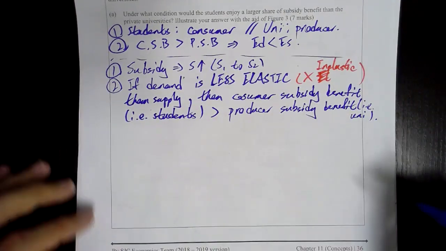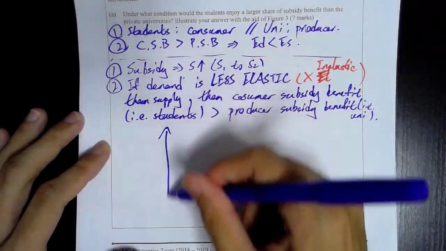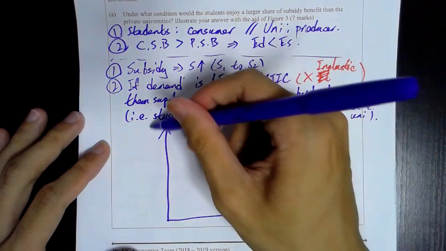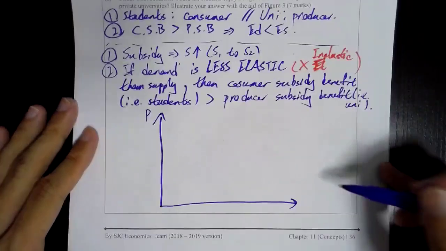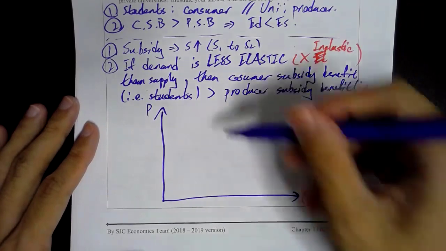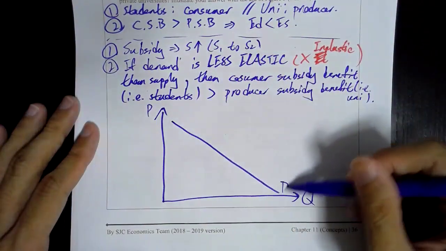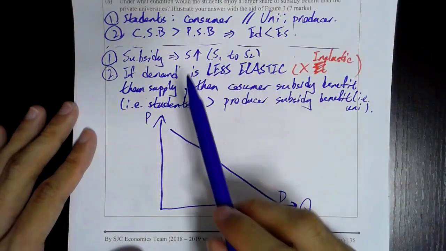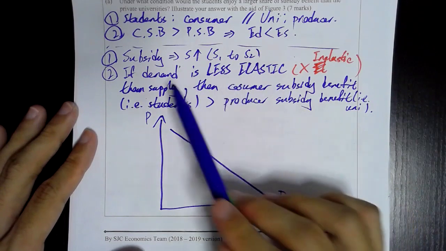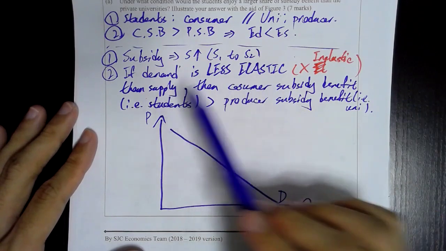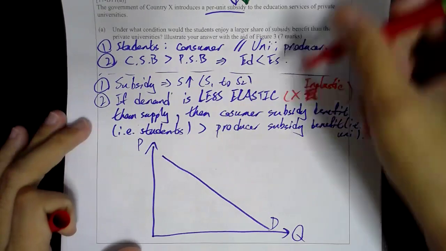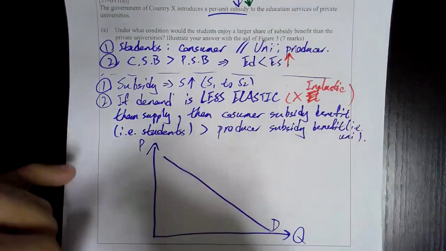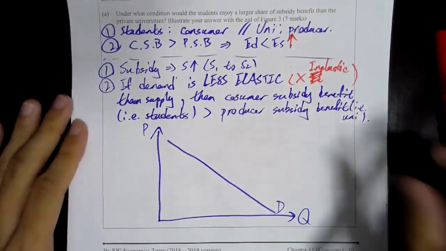Now, how do we draw this graph? Simple, like what we have been doing for the opening of the video. Again, no funny business with demand. Now, we need demand less elastic, which means we just need supply to be more elastic. So how do we draw it?